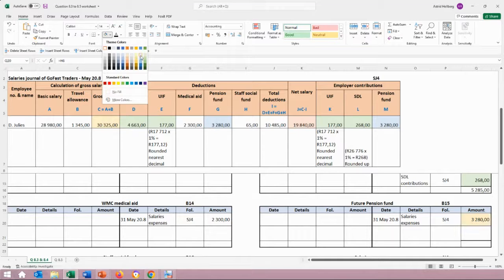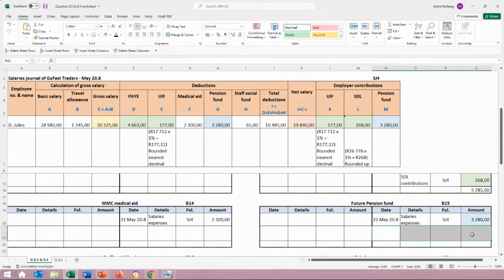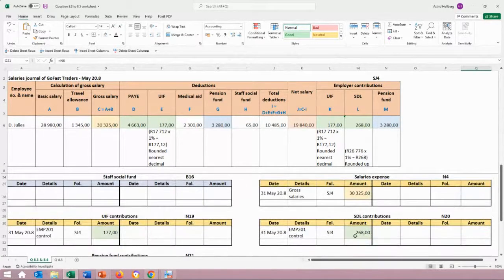But now important is our employer also contributes 3,280 Rand, which also needs to go to this account. Okay? But to get it in there, we need to take the other side to an expense account, which is our pension fund contribution account.